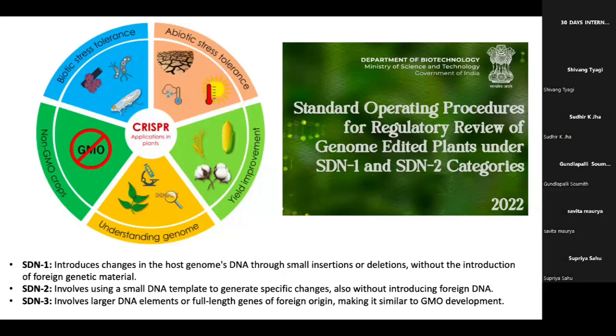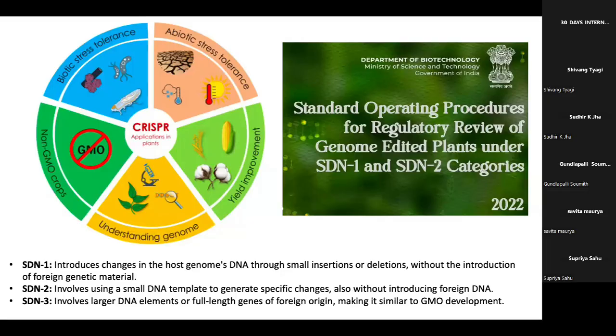this is basically non-GMO crops, because there are three modes of creating genome edited crops in general, known as SDN 1, 2 and 3. SDN is site-directed nuclease. In SDN 1 and 2, a few base pair changes take place. In SDN 1 a template is not required; in SDN 2 a small DNA template is given for specific changes to take place.